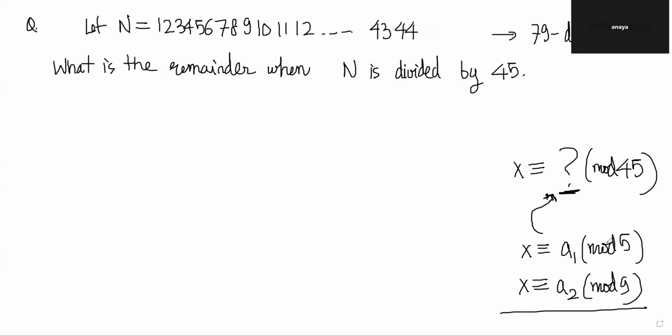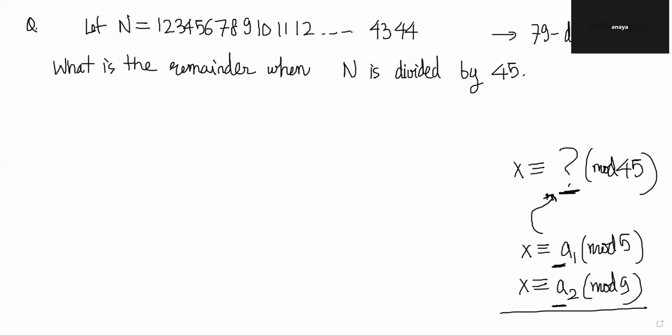It's a slightly different way of applying the Chinese remainder theorem. You need to find these two and then apply it, because directly doing it mod 45 is going to be very difficult.